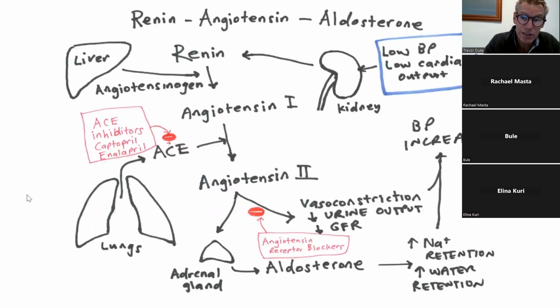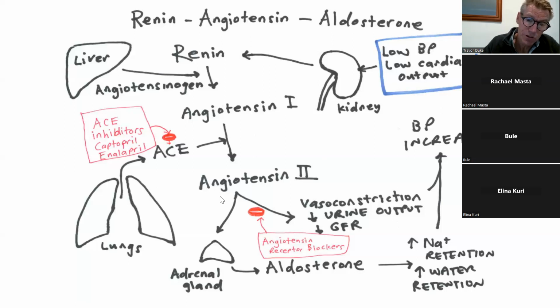Okay, we've talked a bit about this, about what happens if you've got low blood pressure or low cardiac output from any source. The kidneys detect low blood pressure. There's low renal blood flow into the kidneys, and they produce more renin, and the renin gets converted by a liver enzyme called angiotensinogen to angiotensin 1, and that gets converted by a lung enzyme called angiotensin converting enzyme to angiotensin 2.